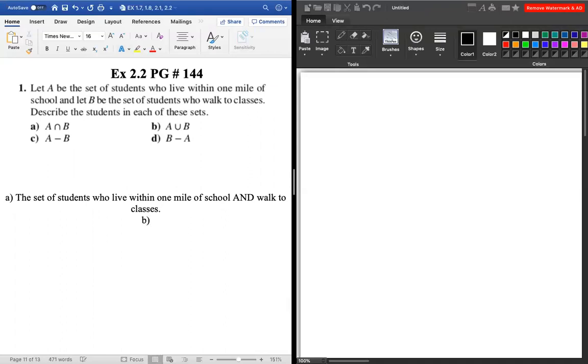Next, this is called A union B. So we will say the value of this set is the set of students who live within 1 mile of school or walk to classes.